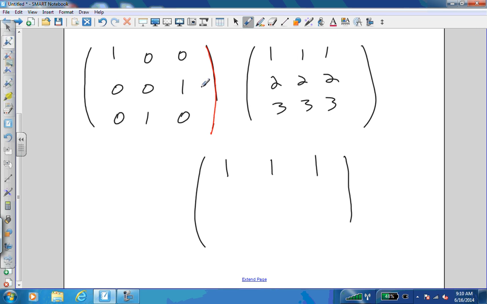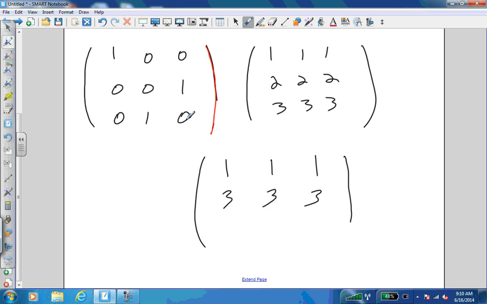Now when we multiply this one by the first column here, 0, 0, and 1, we end up with whatever's in the third row. Multiply this one, 0, 0, 3, so we end up with whatever's in the third position. And when we multiply this times here, we get a 0 and a 3, so we get whatever's in the third position.